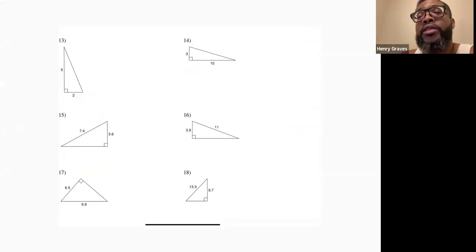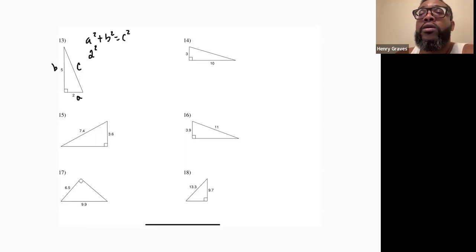So this is gonna be C. This is A, and this is gonna be B. I was gonna try to show you how to find the missing legs, but let me finish off this side of the worksheet. A squared plus B squared, because you know me, when I start something, I gotta finish, right? 2 squared plus 5 squared is equal to C squared.